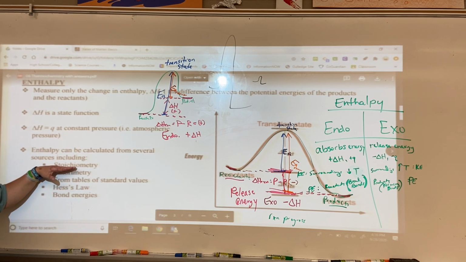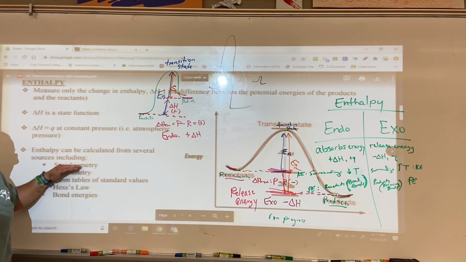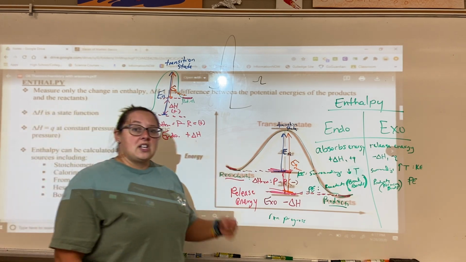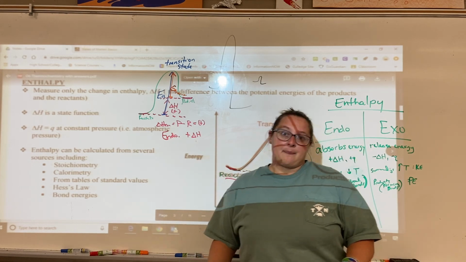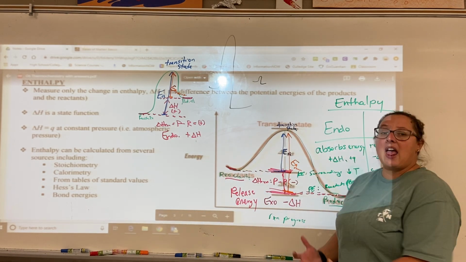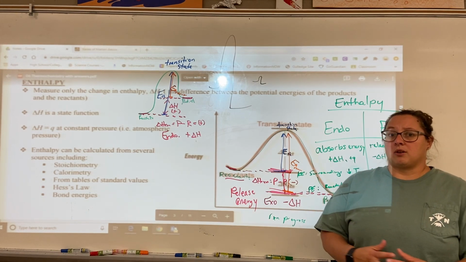We are going to start with stoichiometry, then we're going to go to calorimetry, then Hess's law, and then bond energies. We're going to hit how to calculate delta H based upon which data we're given for all of those different instances. I hope you guys are understanding the conceptual component, and now we're going to get ready for the mathematical approach.